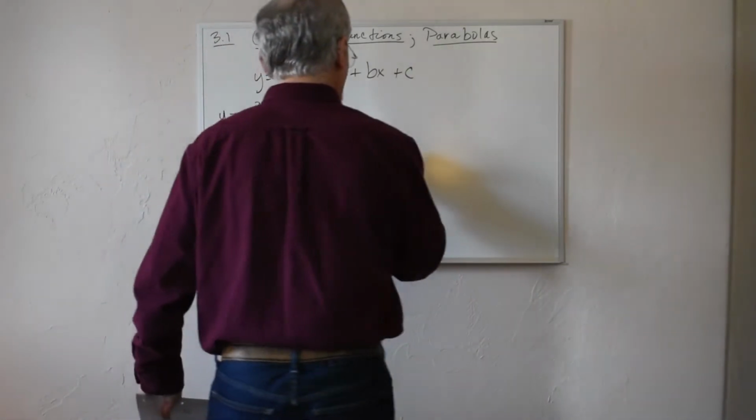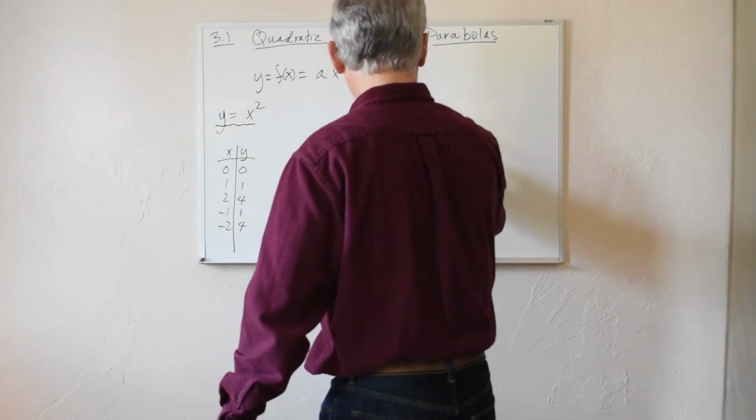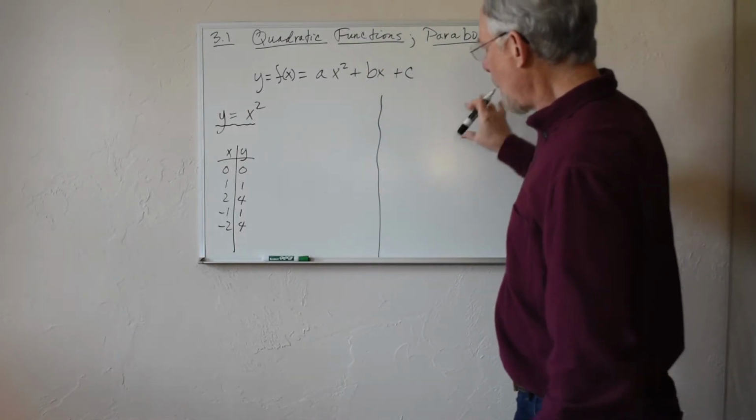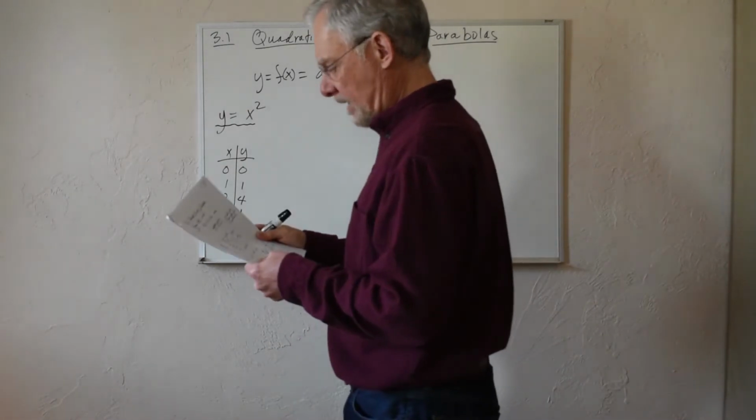Let's plot these points, and I just want to make a little divider line there. I have to work small now because I have a small whiteboard, so things will be tight.